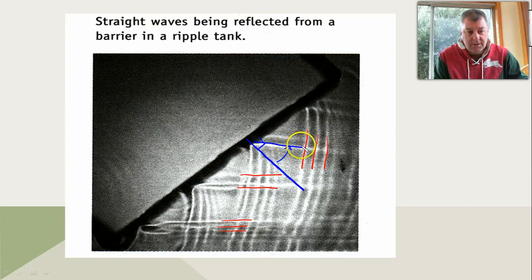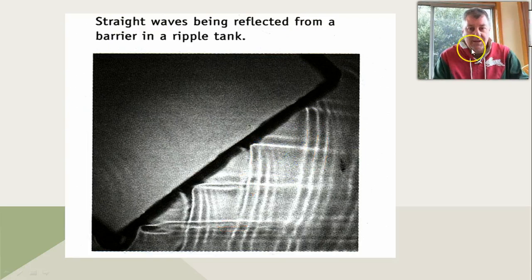That's 90 degrees, that's our angle of incidence. And here will be our angle of reflection. Got that? Now it's a bit messy because we're not getting every reflection, but this is pretty good for a ripple tank. Alright, let's move on.